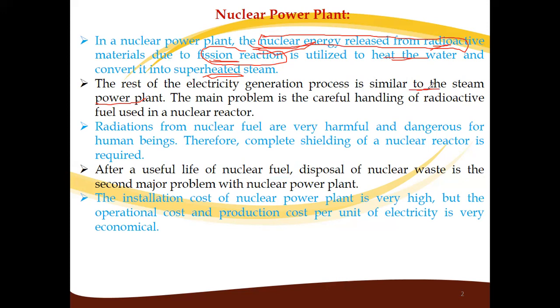The main problem of this nuclear power plant is careful handling of the radioactive fuel or radioactive substances which is used in the nuclear reactor. In a nuclear power plant, we require a nuclear reactor. It is the main part of this system, along with other parts like the steam turbine, condenser, feed pump, and cooling towers.